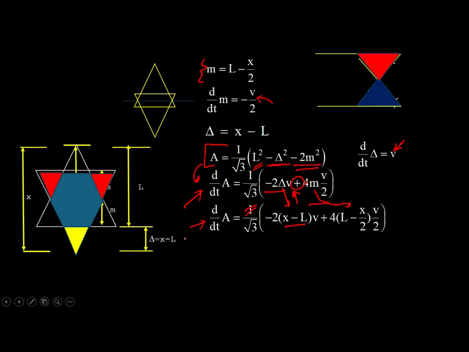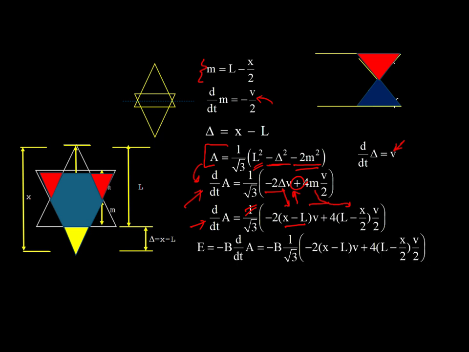Then we know that EMF is minus B times dA by dt. So this is the expression for EMF, and solve it. So finally we get the expression of EMF as this. Now we have two expressions.